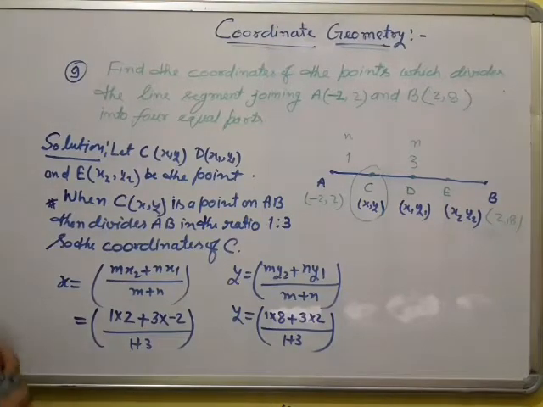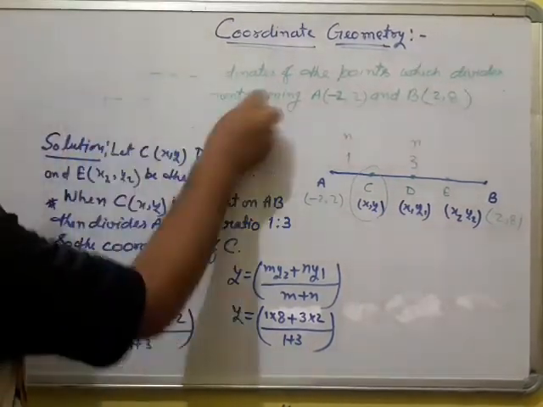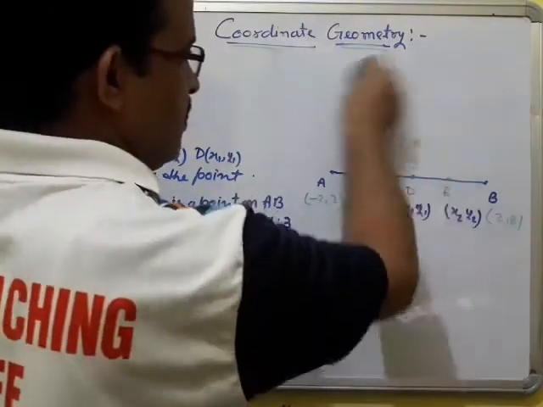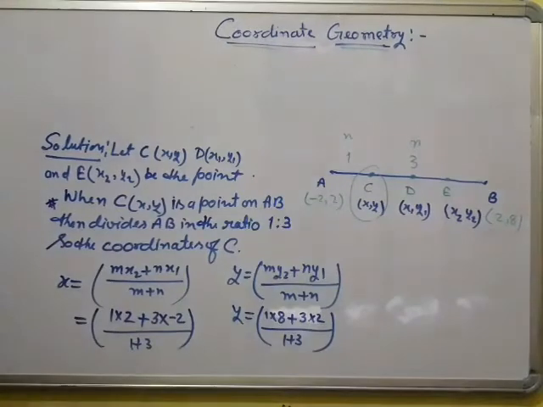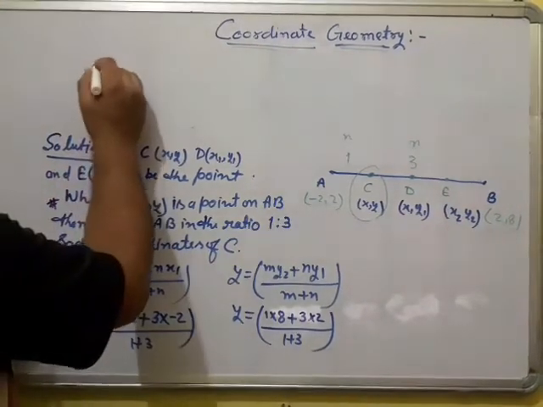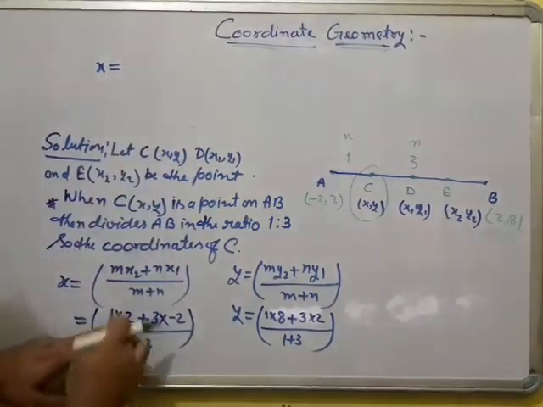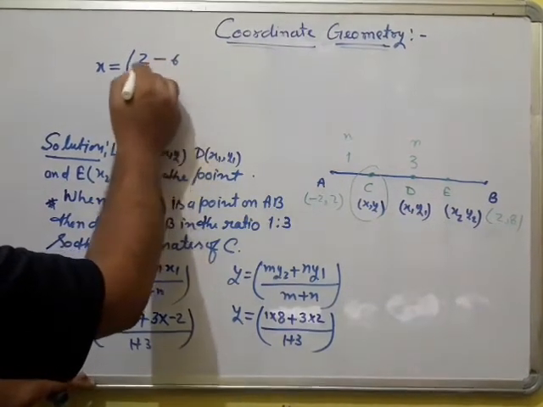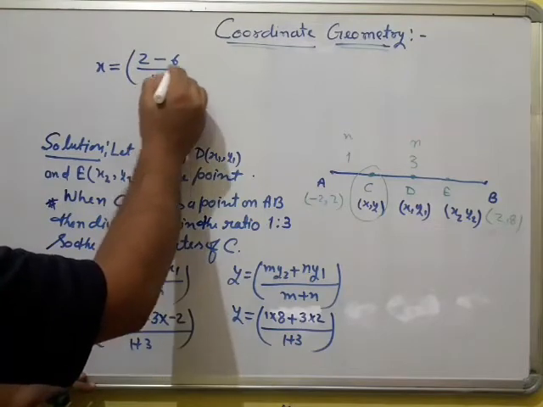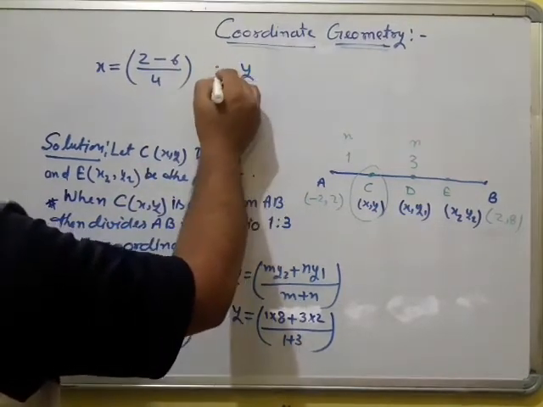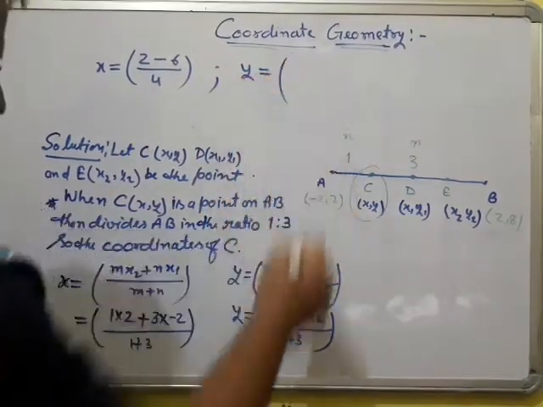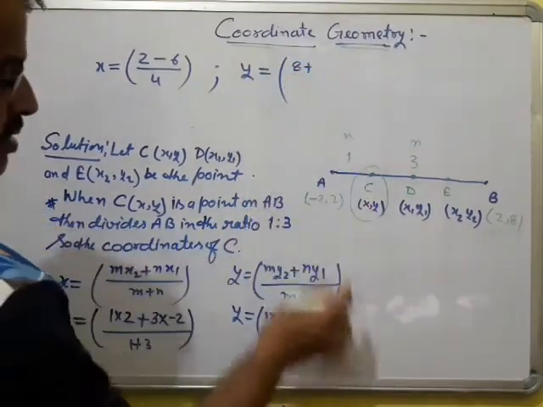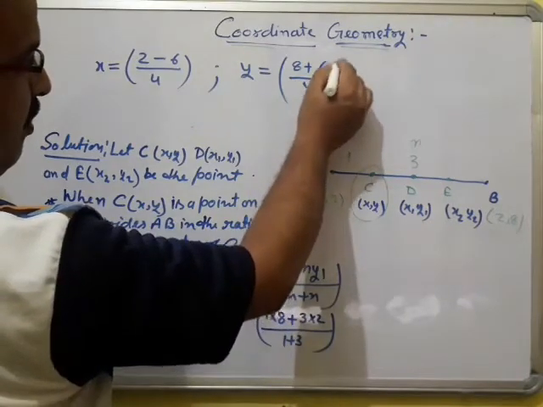Now X is equal to (2 minus 6) by 4, and Y is equal to (8 plus 6) by 4.